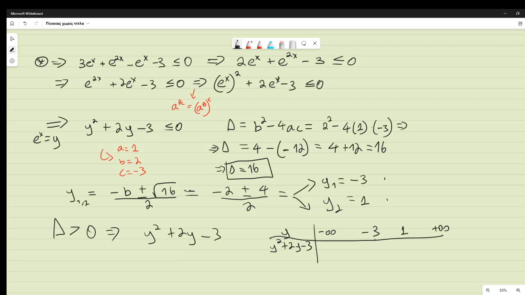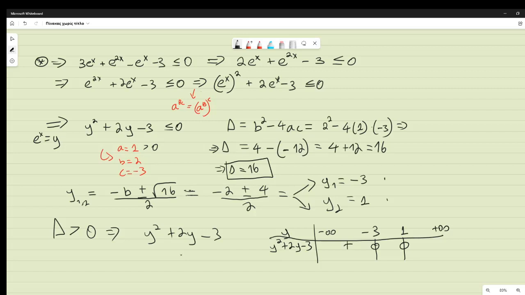So we found that the value of this polynomial is 0 at y1 and y2, and because delta is greater than 0, the polynomial will have the same sign as a, that a is 1, so it's greater than 0 outside of its two roots.